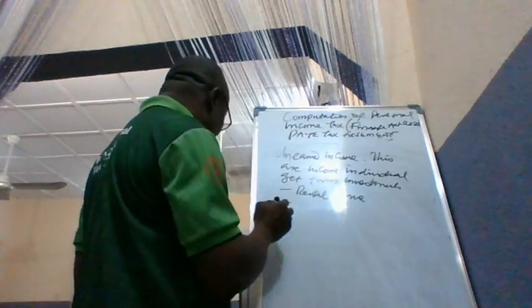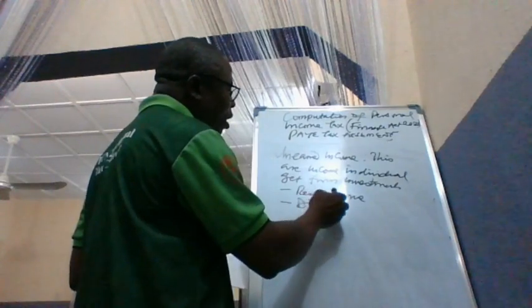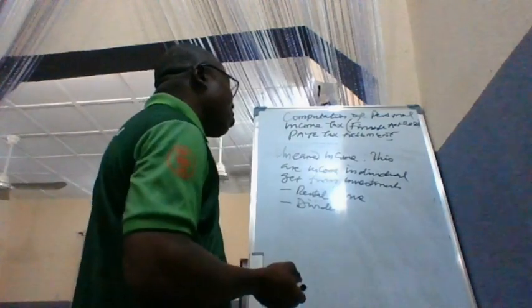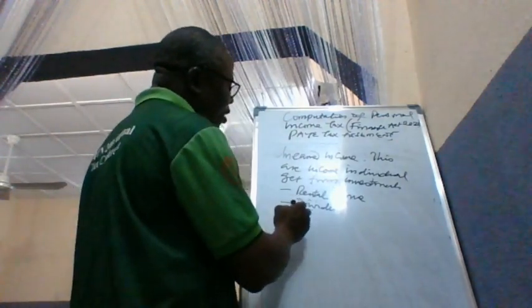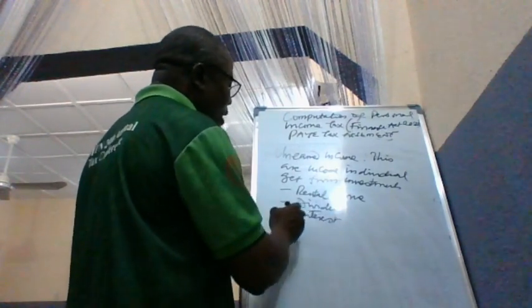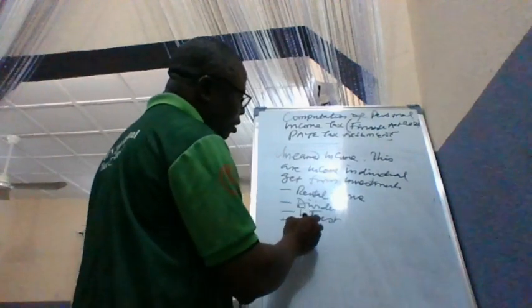Number two is dividend. These dividends could be from the investments, buying shares in other companies. Number three is interest. Number four is royalty.